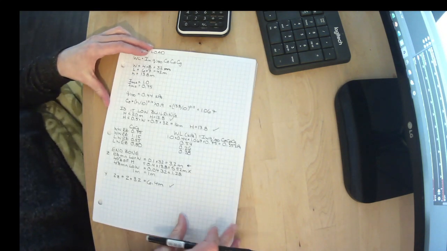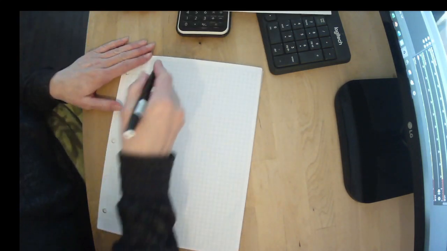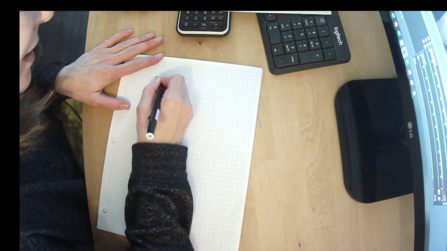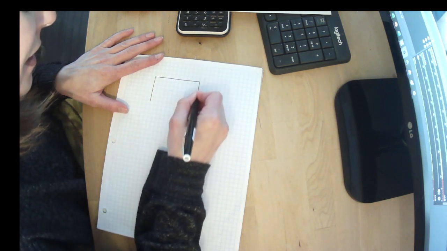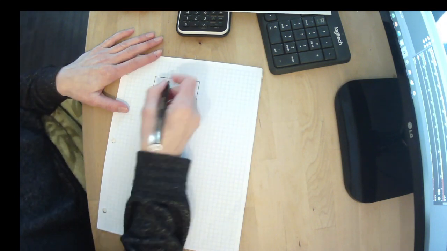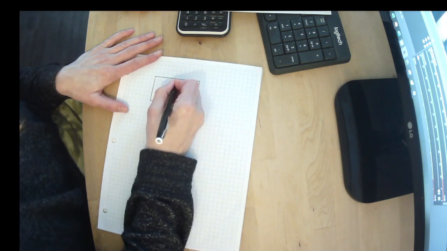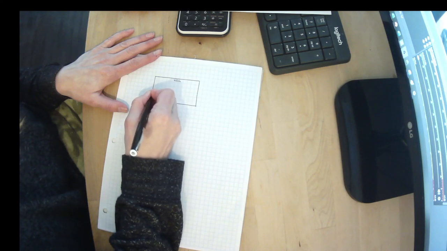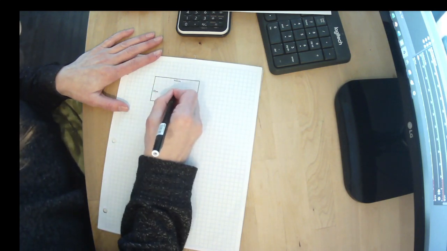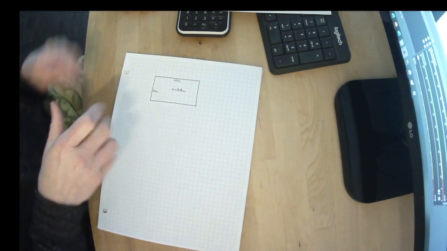So now here's the hard part. I'm going to draw us a little building. That looks like this. We know that this side is 42 meters, and this side is 32 meters. We know the height is 13.8 meters. So this is a plan.